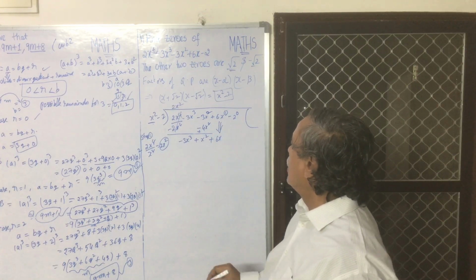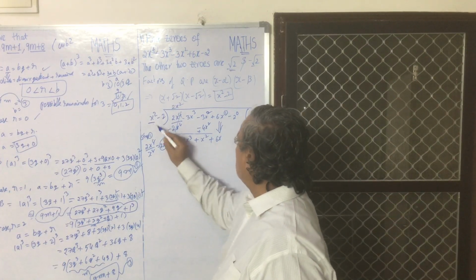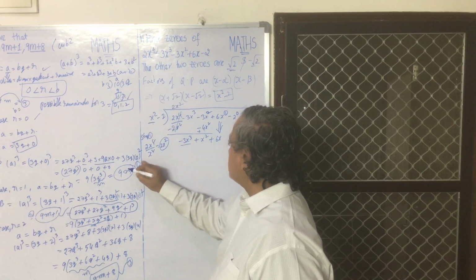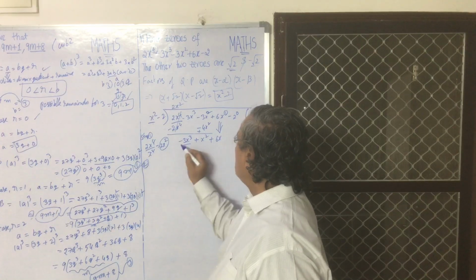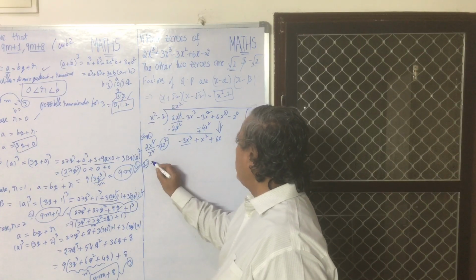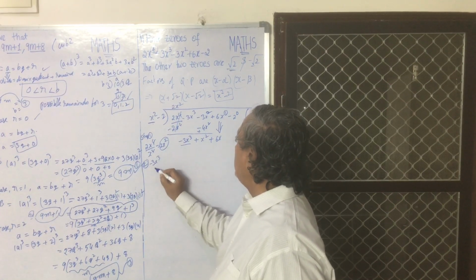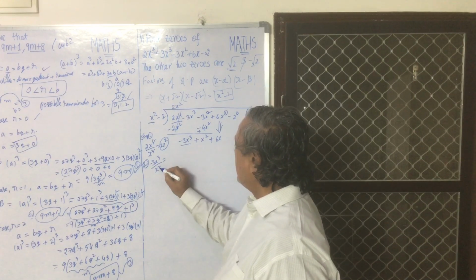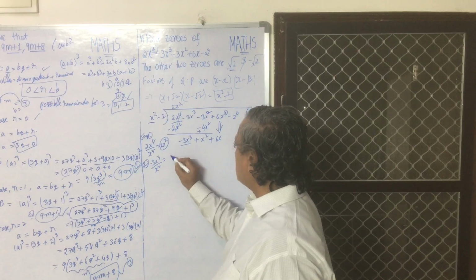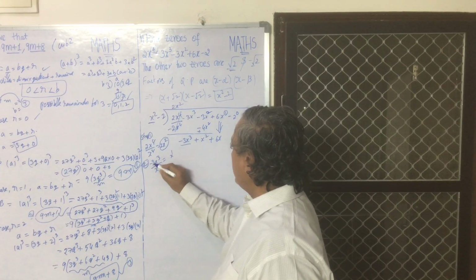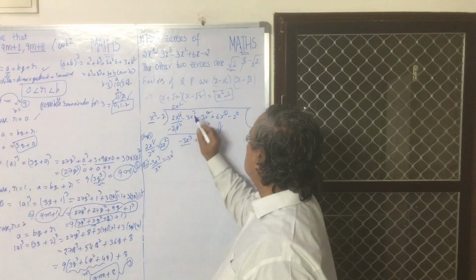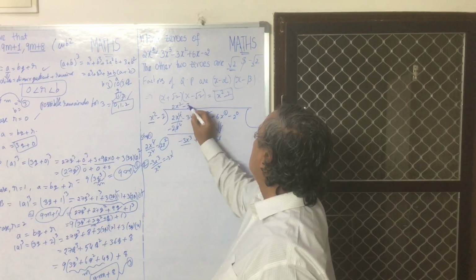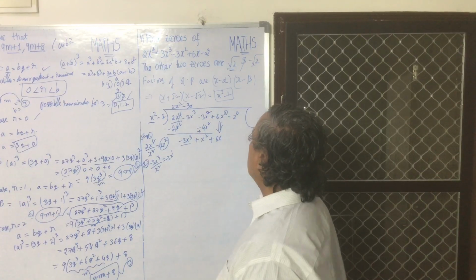Now take the first term of the second step, minus 3x cube by x square, which gives minus 3x.